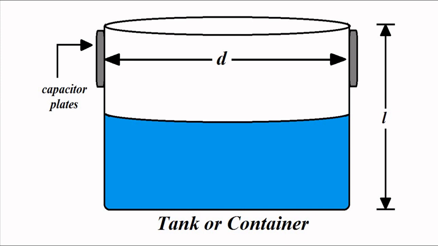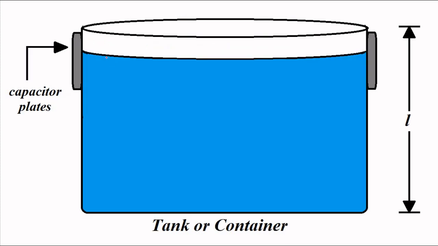See, in this situation, the medium between the plates of the capacitor is filled with air, absolute permittivity. But in this case, the medium is partially filled with a liquid which has, let's say, a relative permittivity epsilon r.